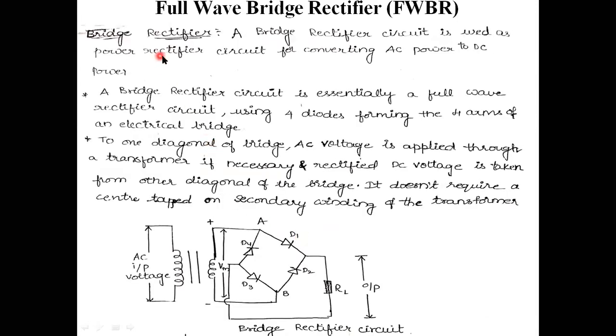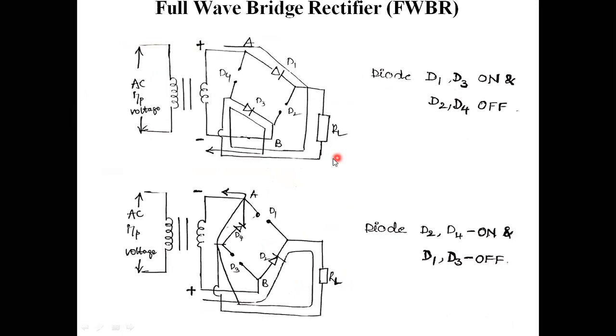I will just memorize the bridge rectifier. Basic principle: it converts AC to pulsating DC. Construction: one step down transformer, 4 diodes and 1 load resistance. For the positive half cycle, conduction takes place from point A to point B, through D1, RL, D3. That means diodes D1, D3 are in on position, D2, D4 are in off position.